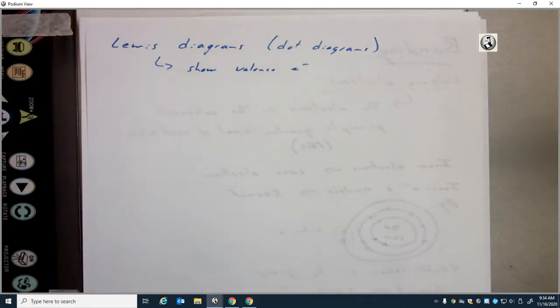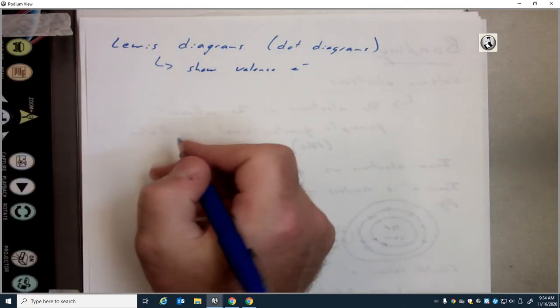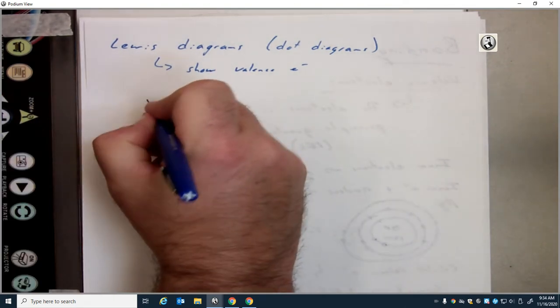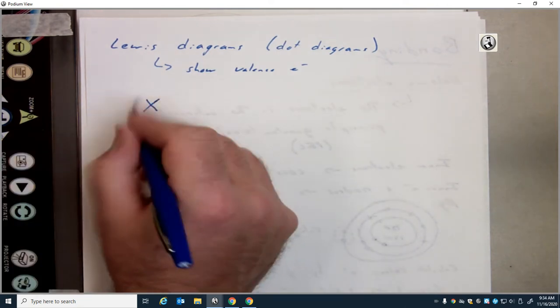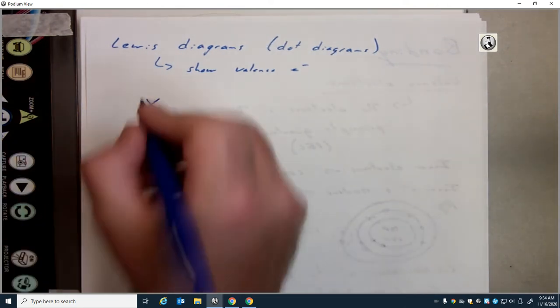Right, so there's a specific way that we show these. So we put the symbol in the middle, and we're just going to use element X right now. And the electrons go around this in a very specific way.